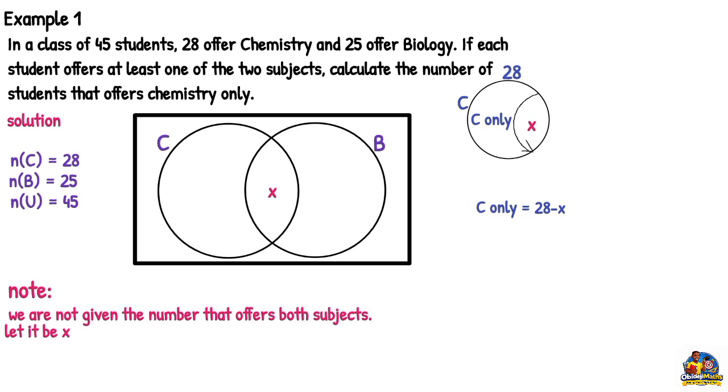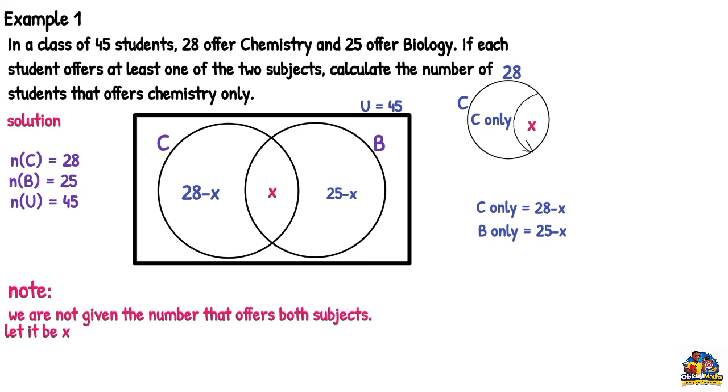Let's write it there. We are going to do the same thing for B only. The whole B is 25, so B only will be 25 minus x. Let us write it there. Now we have filled everything. There is no set outside the two sets.